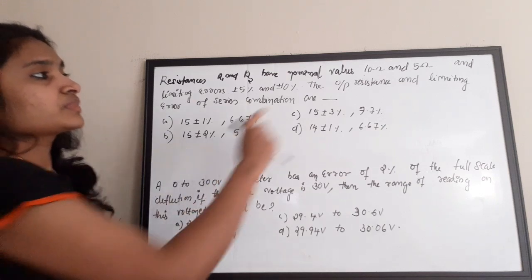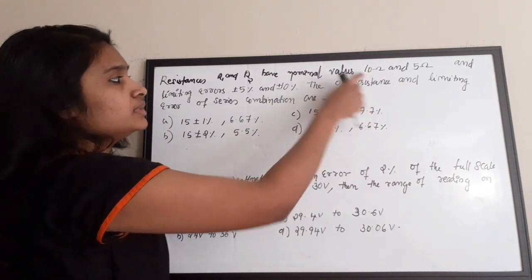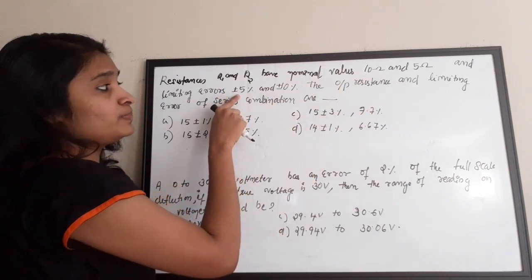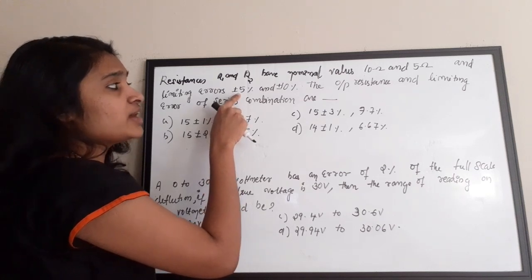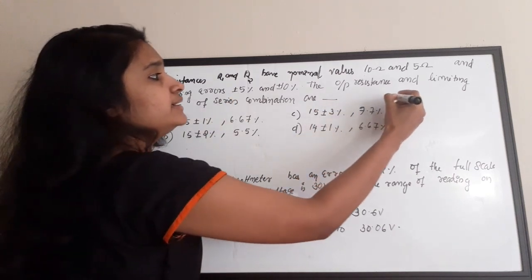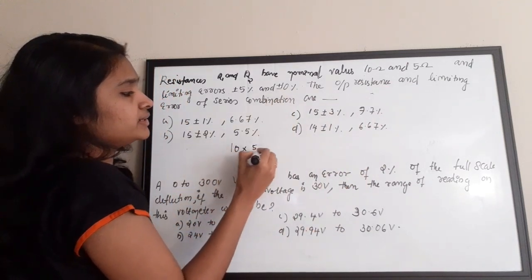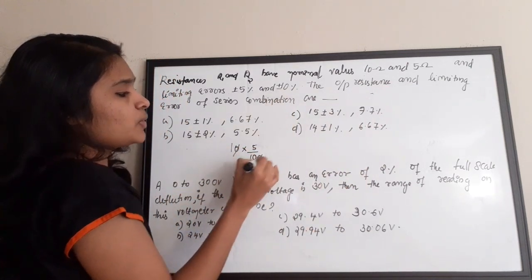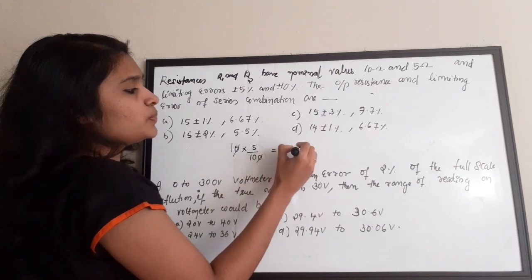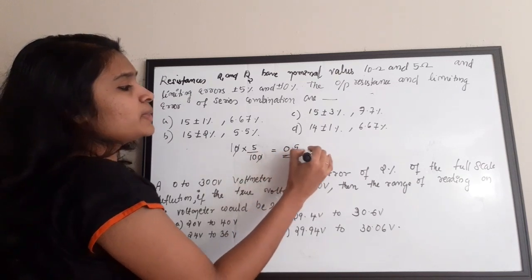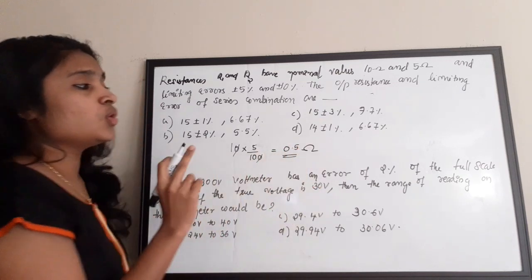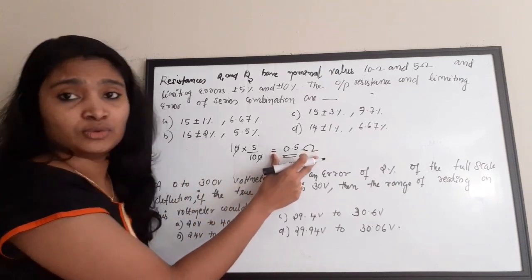See here, 10 ohm having a limiting error of plus or minus 5% means 10 into 5 by 100. How much is it? It is 0.5, right? This 0.5 ohm is actually the error value.